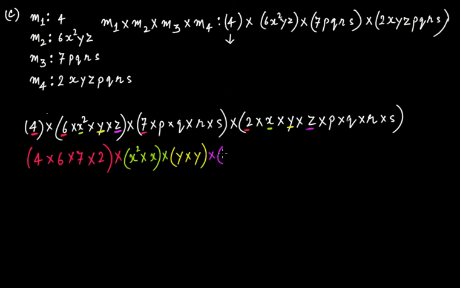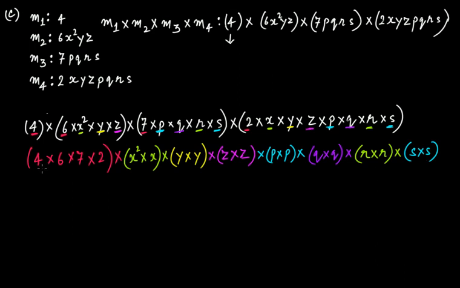So group z together. Now p is also here, so p multiplied by p, q and q, this r and this r, and then this s and this s.